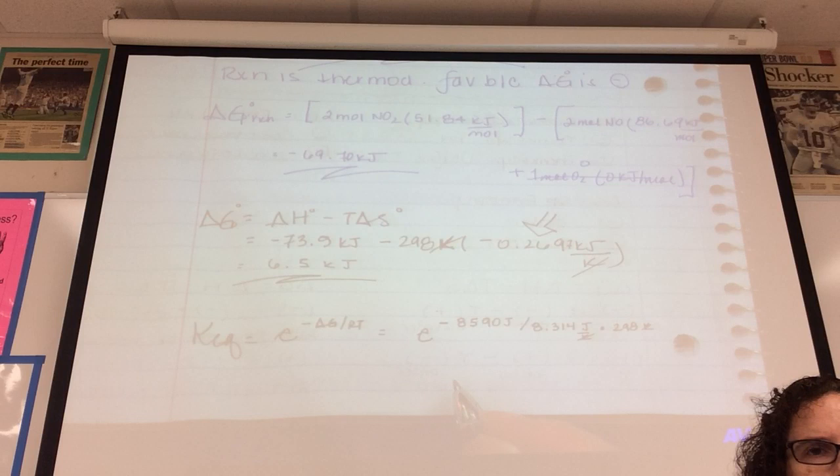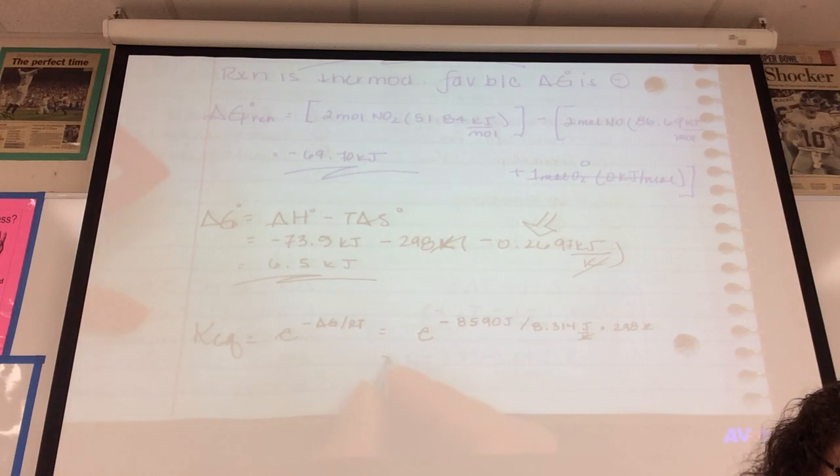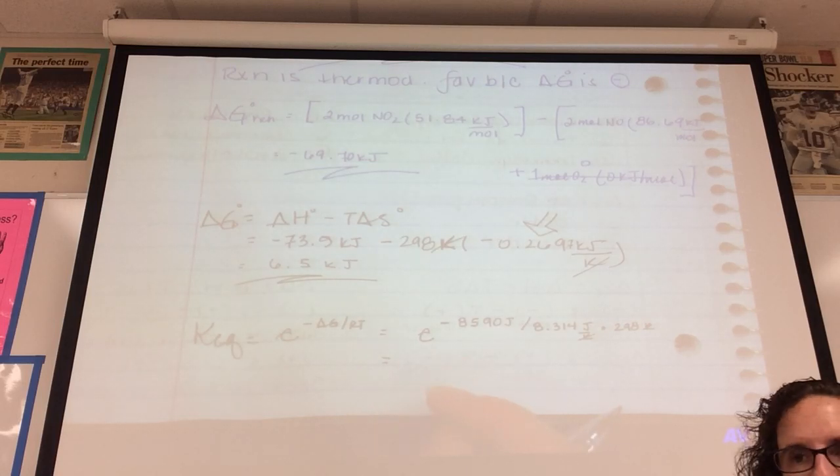What'd you guys get? My graphing calculator's charging in the back. What'd you get? No one did, except for you. Why not? Because I'm having trouble with my calculator. What'd you get?